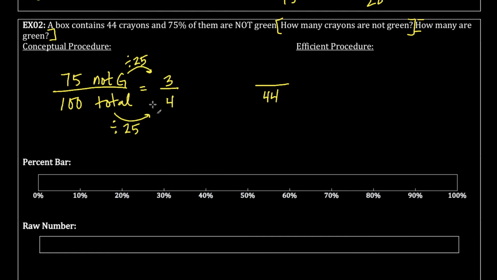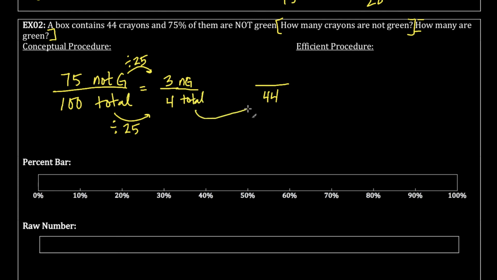So that means 3 would not be green if there were 4 total.